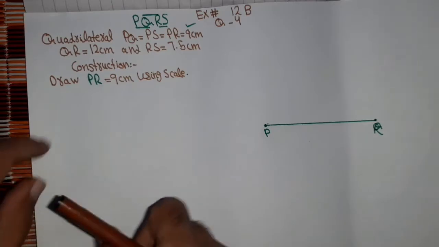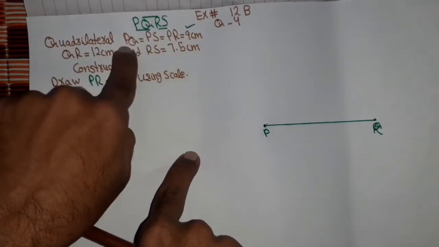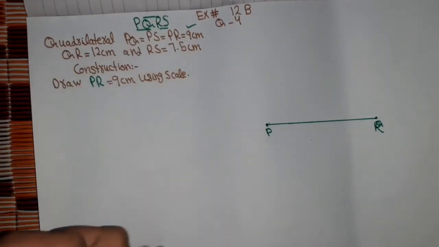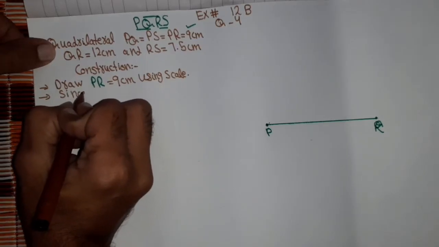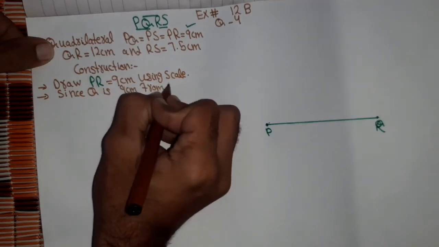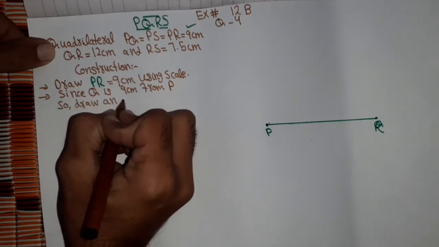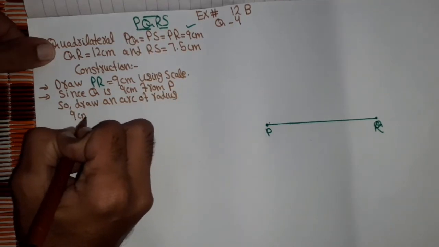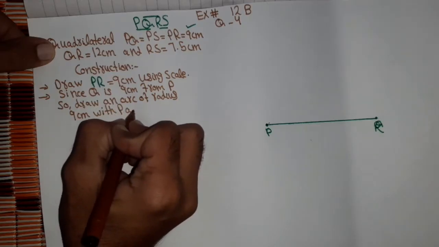Now since Q is 9 centimeter from P, PQ equals 9 centimeter, meaning Q is 9 centimeter from P, so draw an arc of radius 9 centimeter with P as center.